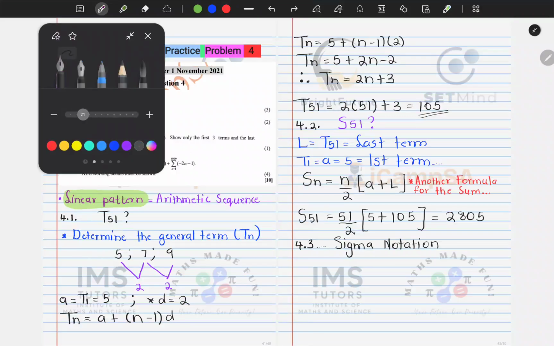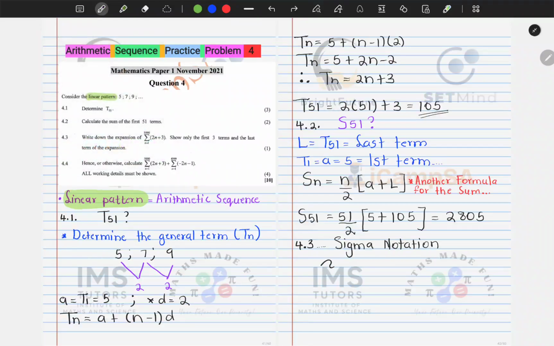So what I'm going to do first is quickly write down what we have already. We have the sigma sign, starting from n is 1 up until 5,000, and our formula is 2n plus 3. Remember, if we want the first term, we must substitute n is 1, then the second term n is 2, and the third term n is 3.